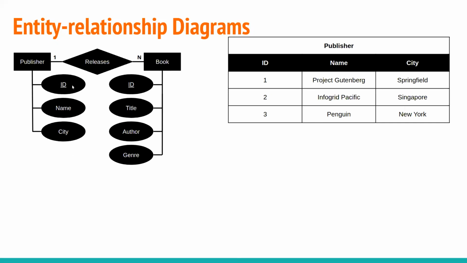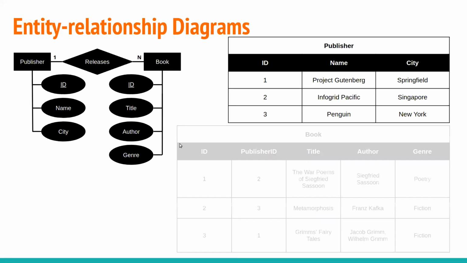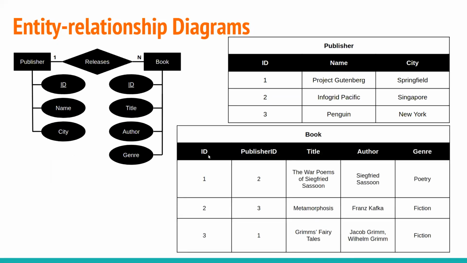So we're going to add another column to our book table to specify the ID of the publisher. So our book has 5 columns: the ID, the title, the author, the genre, and the publisher ID. That's the ID of the publisher that published this book.